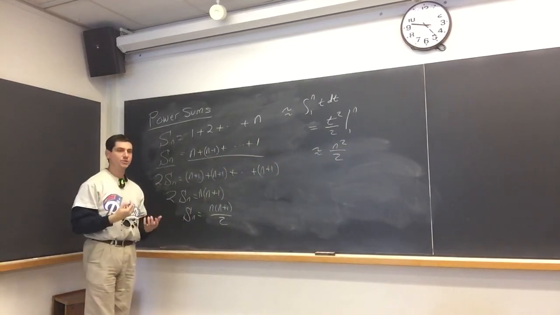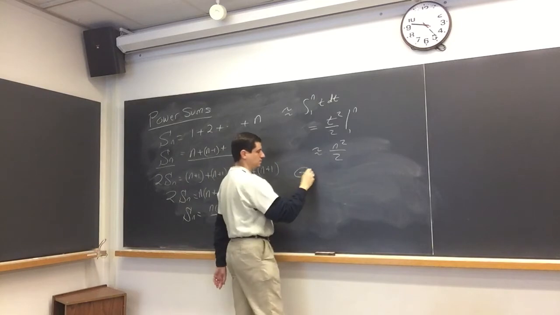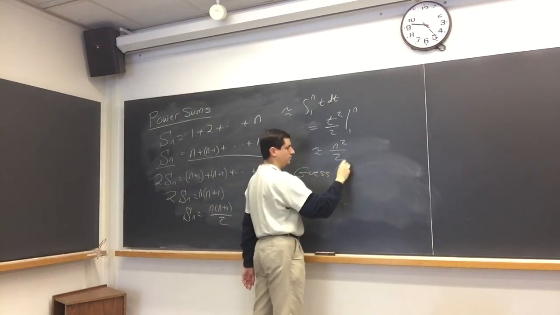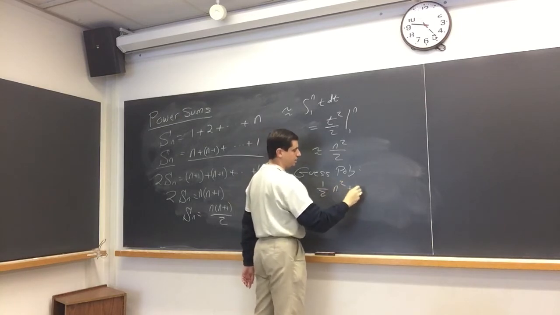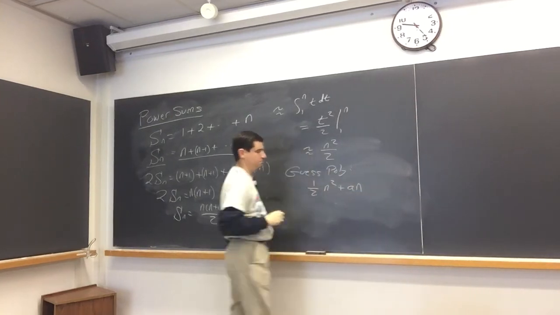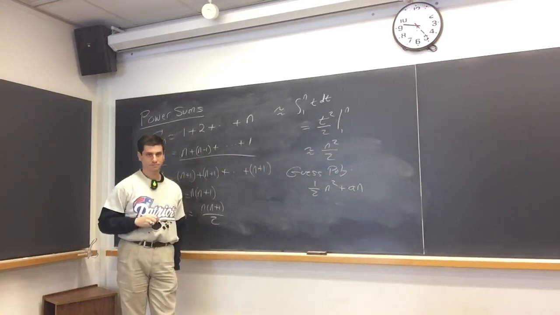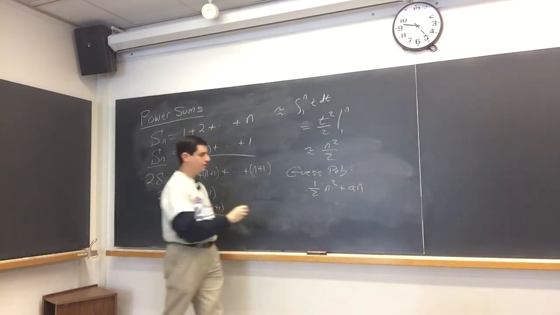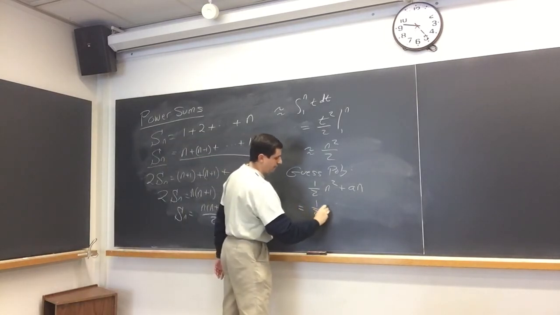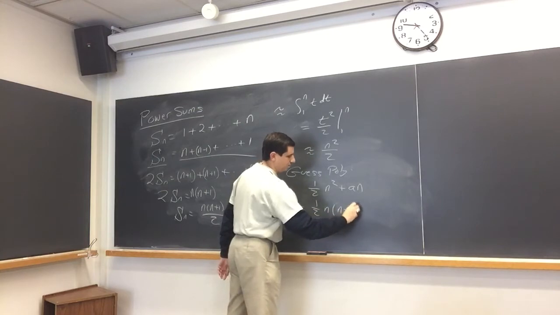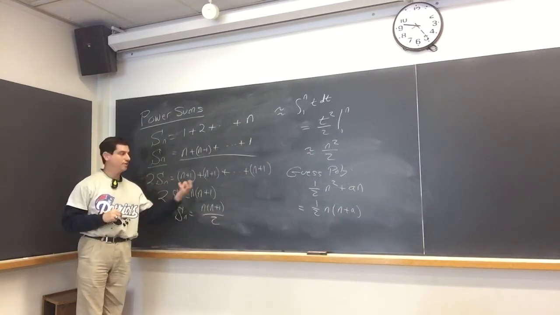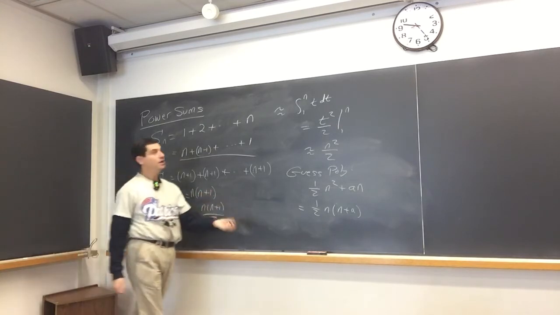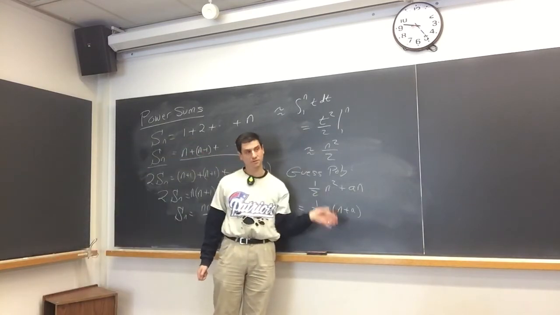So if you guess a polynomial, it has to be of the form 1/2 n squared plus some constant times n. And if you want, you could then write that as n(1/2 n plus a). And then we would only need to choose one value of n to evaluate to figure this out, because we can use some calculus to guess.